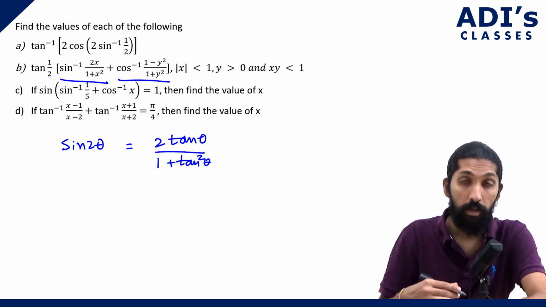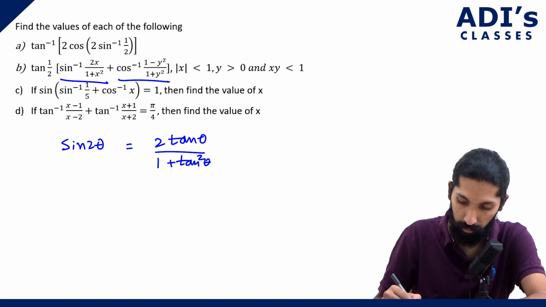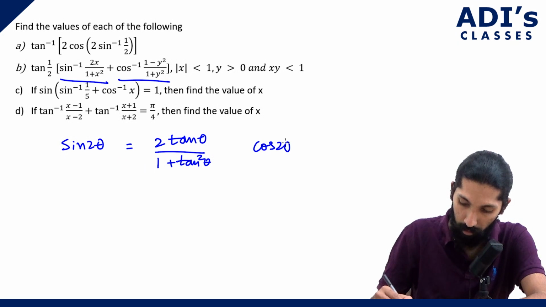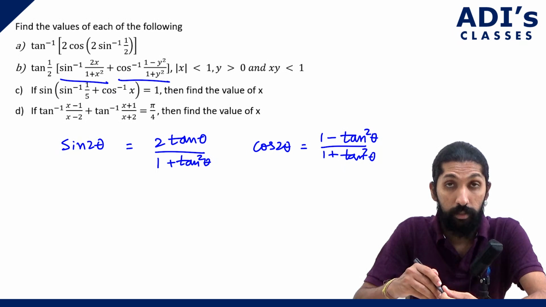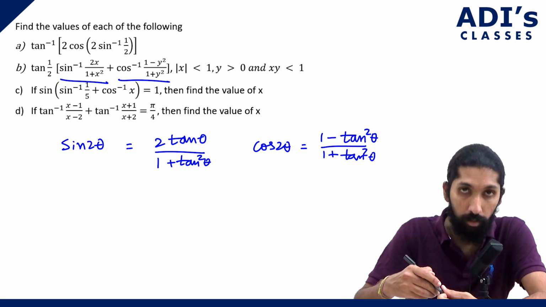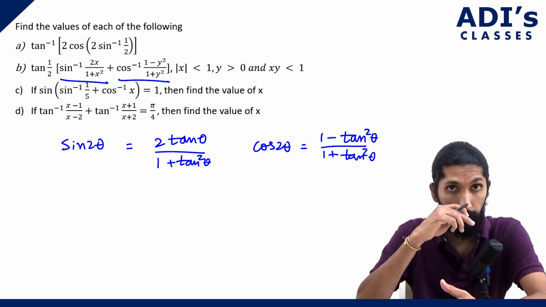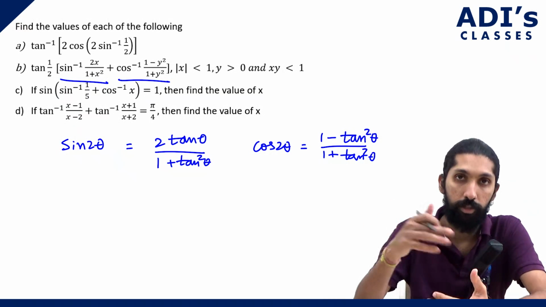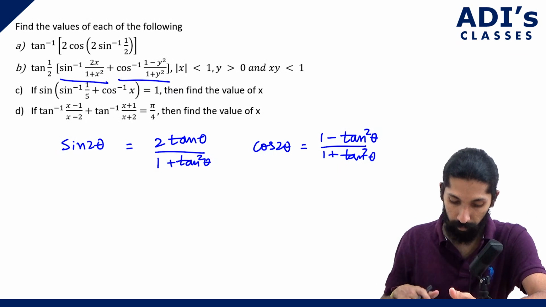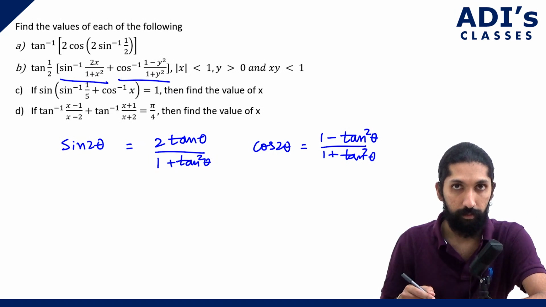Likewise, cos 2 theta is 1 minus tan square theta by 1 plus tan square theta. This is why first year PUC trigonometry is extremely important, because whatever you learned last year, this is a continuation of that.